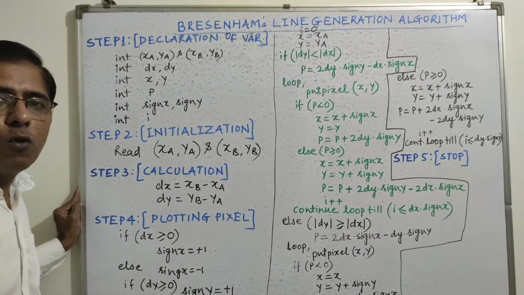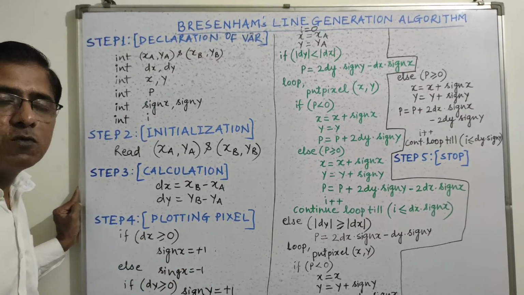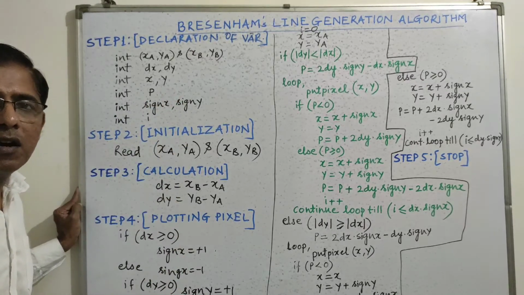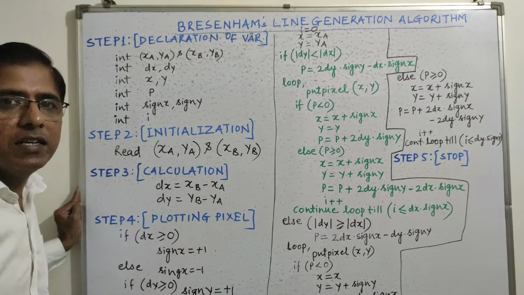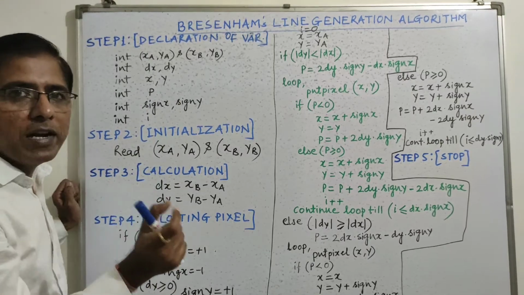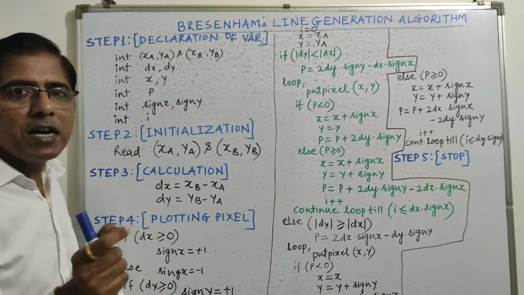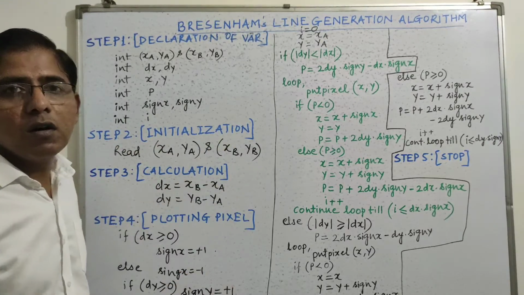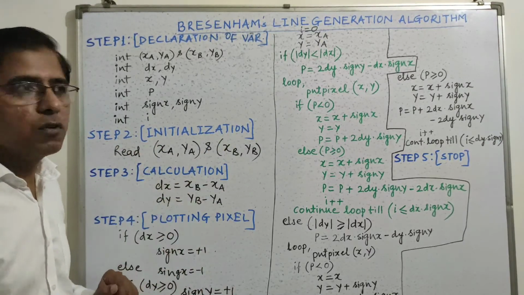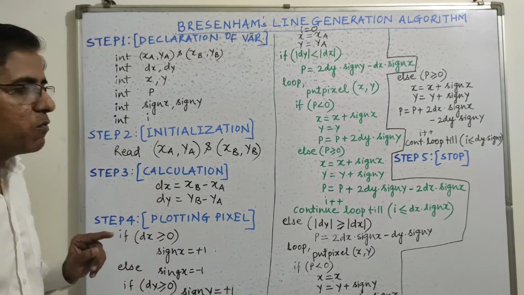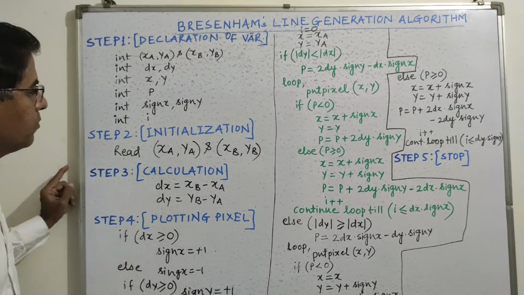To take care of positive as well as negative slope, these sin x and sin y variables are added here. You just have to multiply all the dx by sin x and all the dy by sin y in the formula that we have derived. I is a loop counter, since a loop is required.